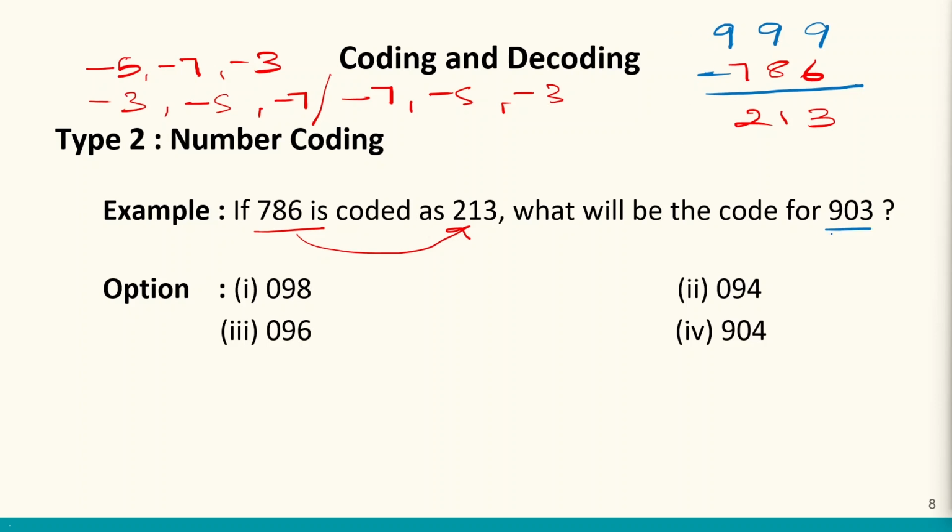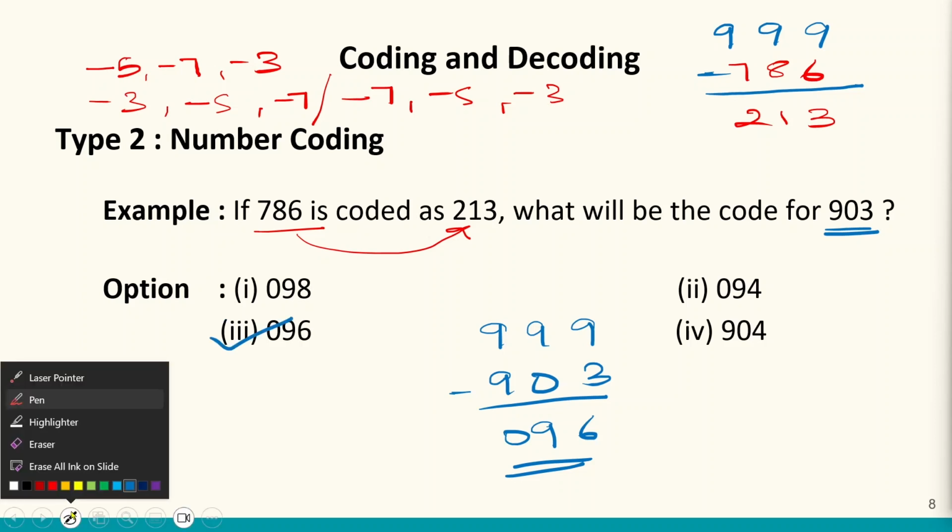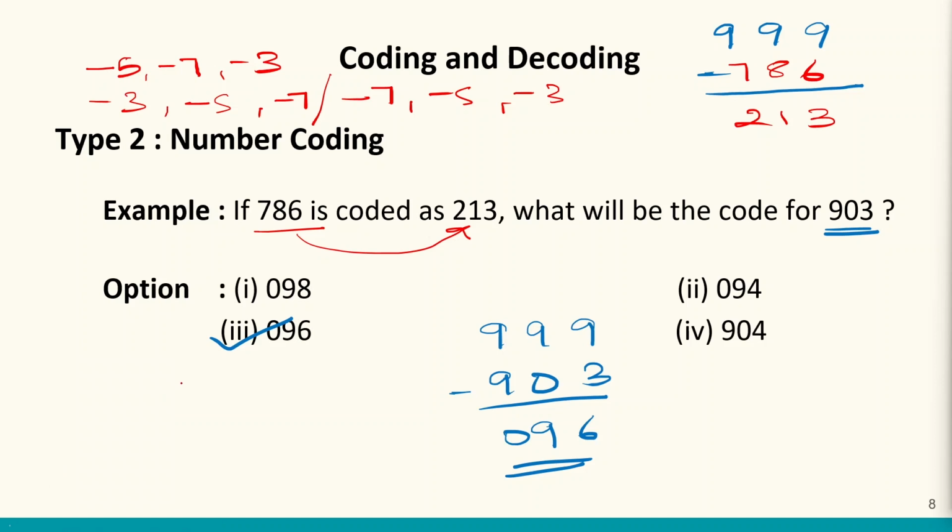So let us do the same thing for 903. If I subtract 903 from 999, I'll get 6, 9, and 0, which will be option number 3. So option number 3 will be my answer for this question. This is number coding. Each number is being coded in a certain way and we have to find out the pattern.